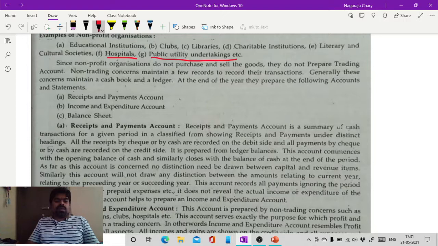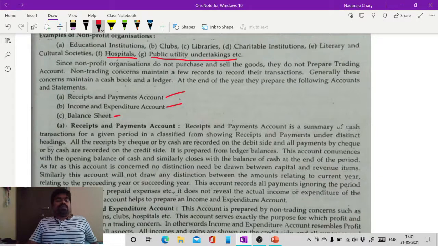In this case, non-profit seeking institutions prepare, at the end of the year, the receipts and payments account, the income and expenditure account, and lastly the balance sheet, which is also prepared to know the financial position.